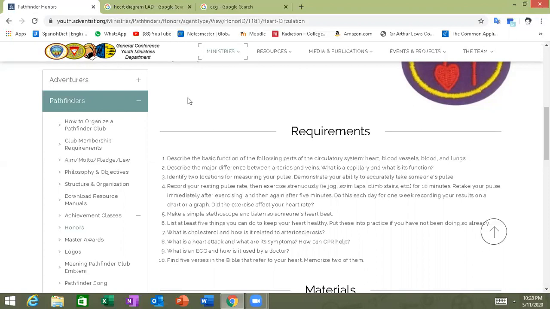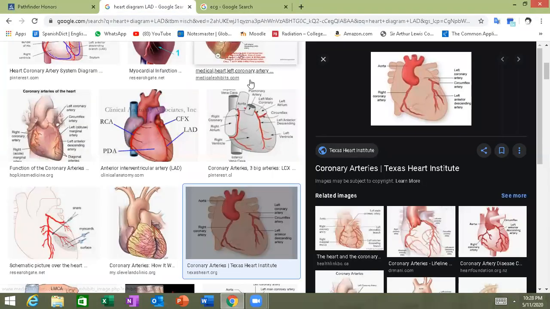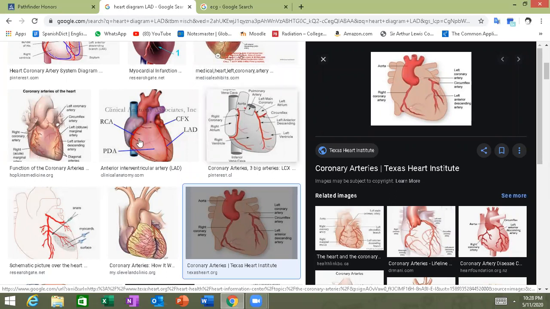Let me show you a diagram. You can see here, this is the LAD, the left anterior descending, and this is the main coronary artery. A thrombosis here would lead to a heart attack. When I say thrombosis, I mean a clot.